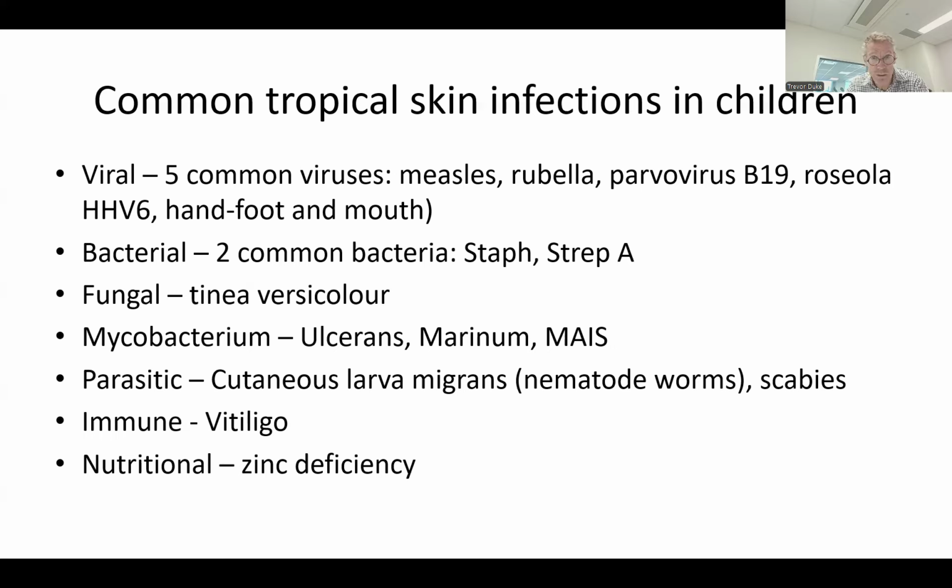And think broadly about, could it be a virus or a bacteria or a fungus or a mycobacterium or a parasite? Could it be immune mediated, etc.? So it's good to think broadly, and it's good to have a good literacy of the terminology used in basic dermatology. So that's a run through of, I would say, dermatology for the paediatrician.